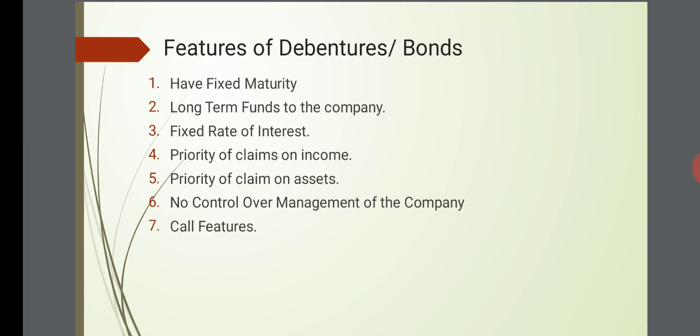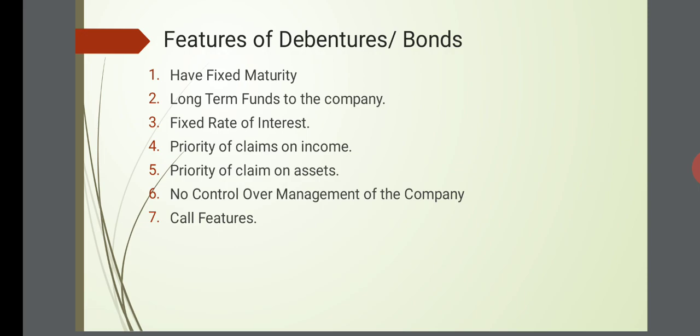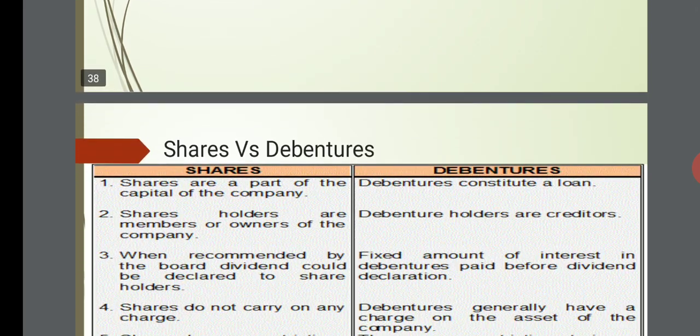They are the first people to have a claim on the income. And priority of claim on assets. No control over management of the company. They don't have any control over the management. They don't have ownership rights. And call features. They can call it whenever they want. So these are the features of bonds and debentures.